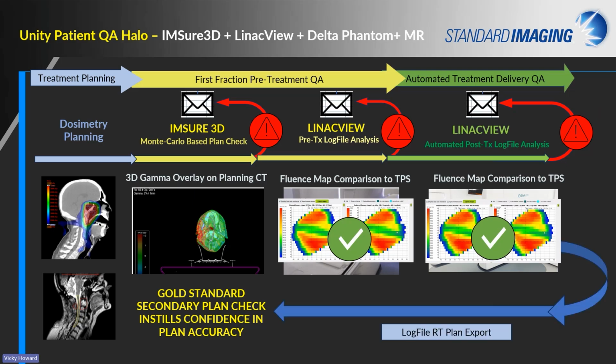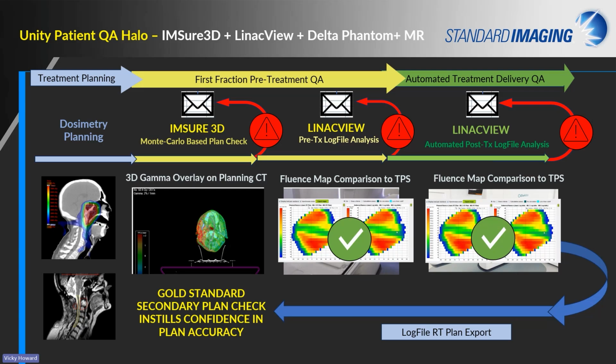One nice thing also to note with LinacView is you're able to generate a log file based RT plan, which you can then export and import into your treatment planning system and do a calculation based on the machine parameters. And what's nice about that is you're getting a dose calculation based on apples to apples algorithms, beam models.